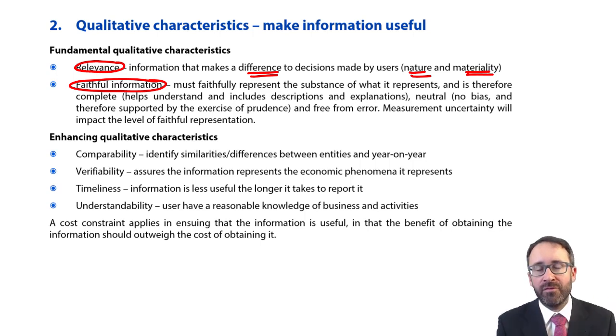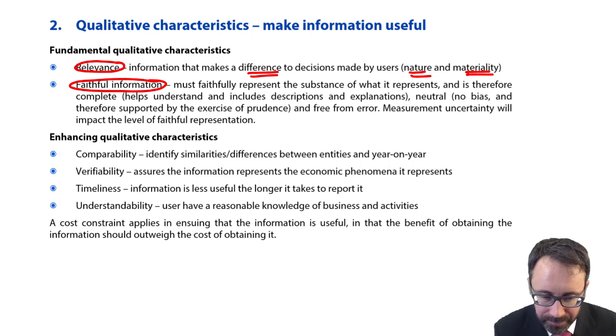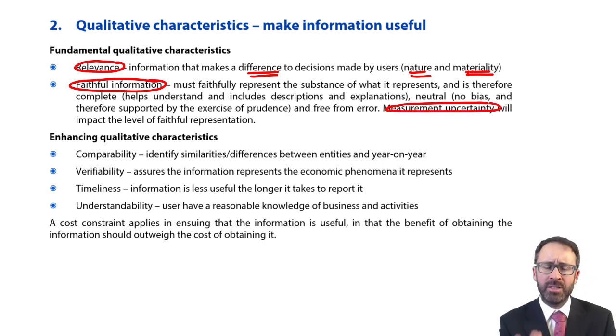And if you think about your faithful representation, it's complete, neutral, free from error, all that shenanigans, but what about measurement uncertainty? That impacts the level of faithful representation, doesn't it? So if there is a level of uncertainty with regards to the measurement, then maybe we should not be including it within the financial statements.